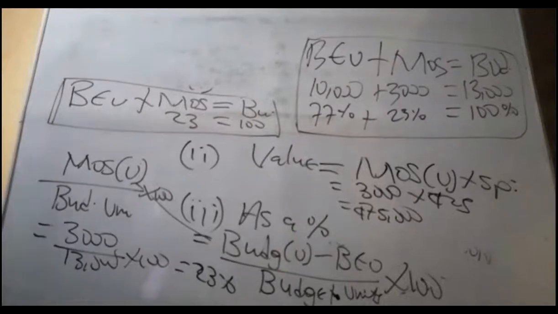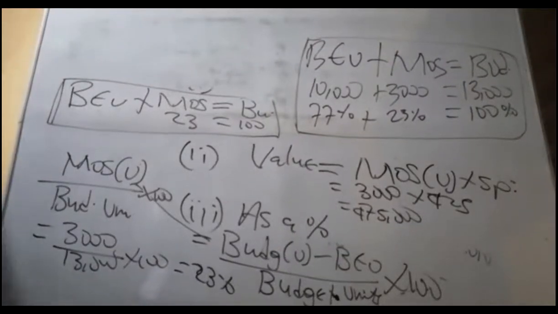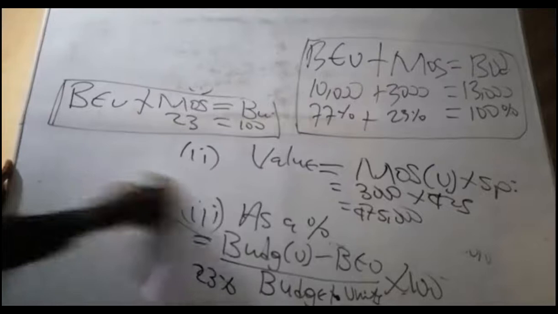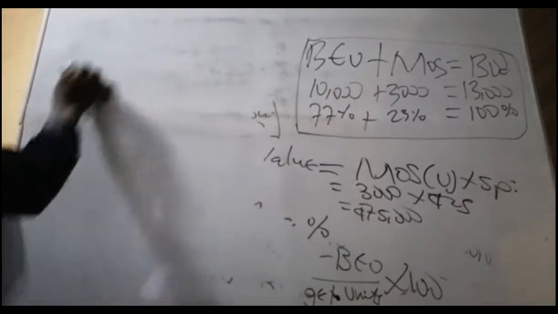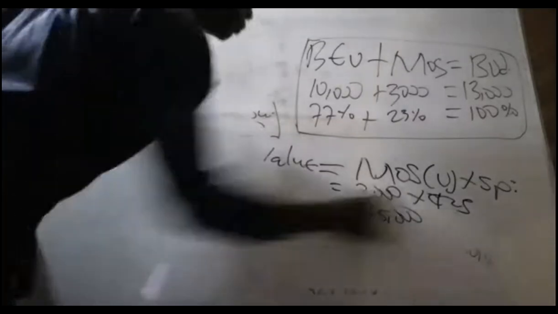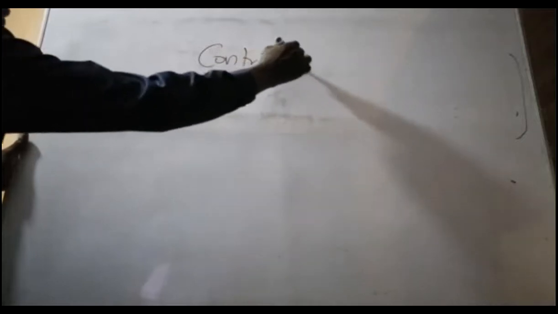So question time, let's look at the last item, which is called CS ratio. Very important, extremely important, CS ratio. So we call it contribution to sales ratio.